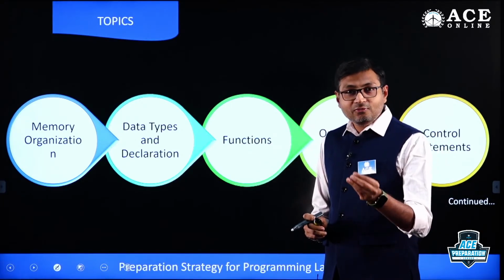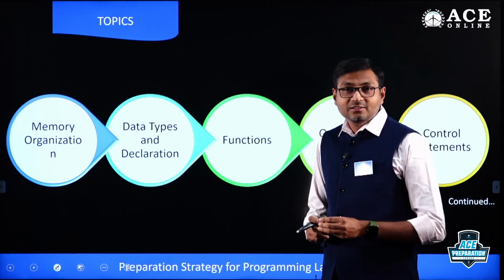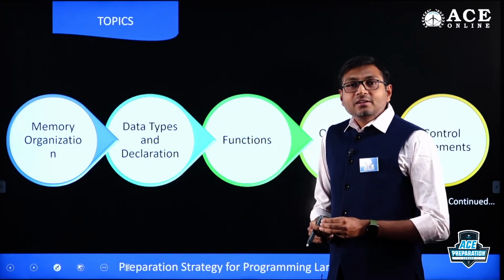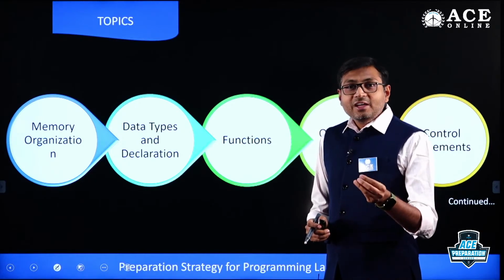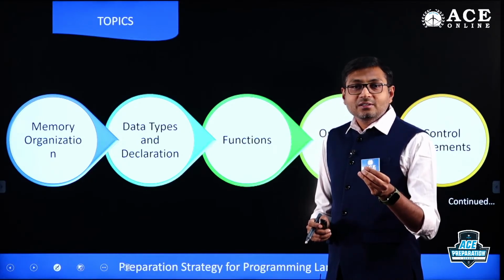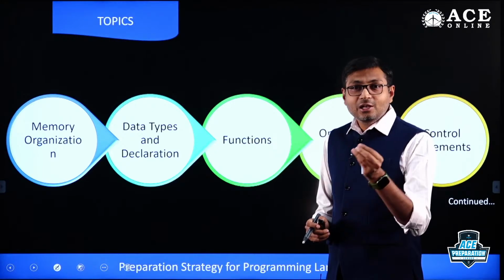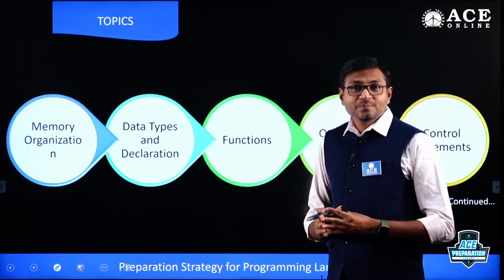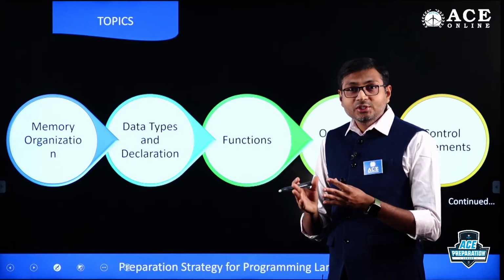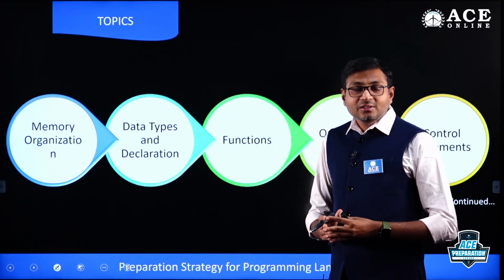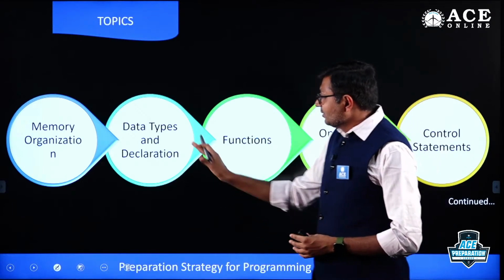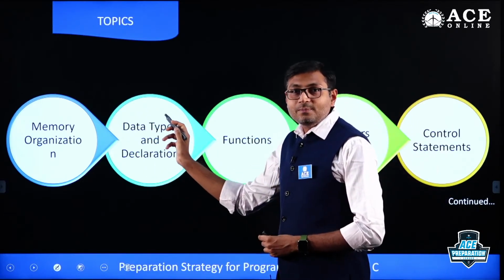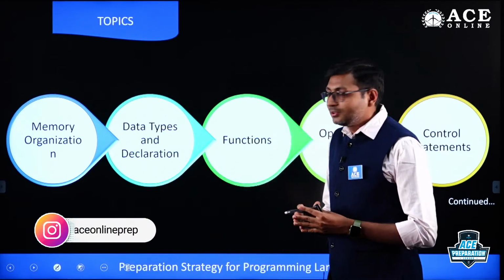For example, int, float, character, isn't it? With the help of modifiers, we can declare unsigned int, long int. Then derived data types, such as structure, union, arrays. All right. So all these things you should learn first before touching any other concepts.